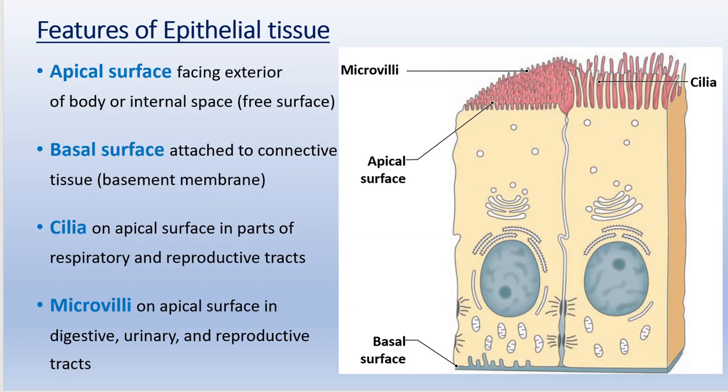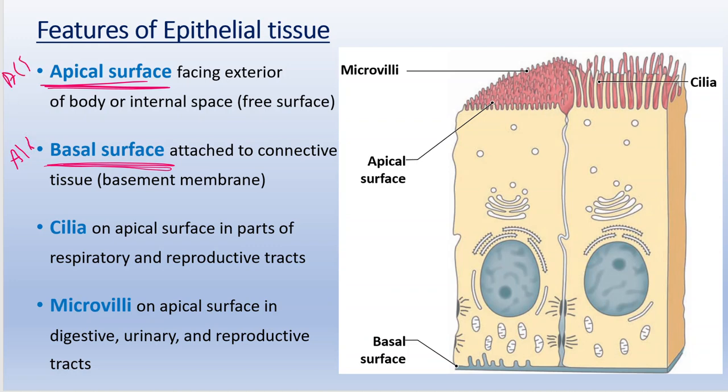All right, so let's look at some key features of epithelial tissue. These are common things that epithelial tissue will have. All epithelial tissue has an apical surface, and all epithelial tissue has a basal surface.